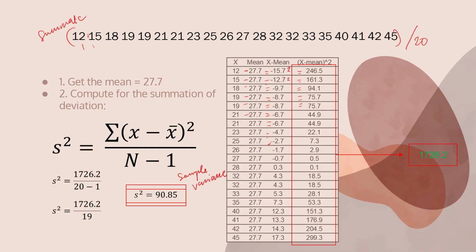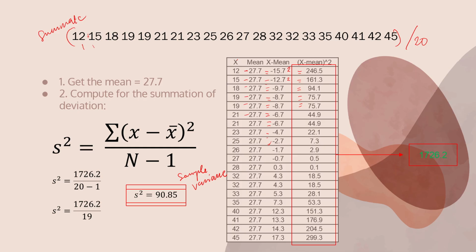Okay. It's a long process, but it's a relatively simple one. All you have to do is subtract the mean from each of your observations and then square the answer, summate all those values, and you get your summation of your deviation, and then simply divide it by n minus 1, which is simply your sample size minus 1.